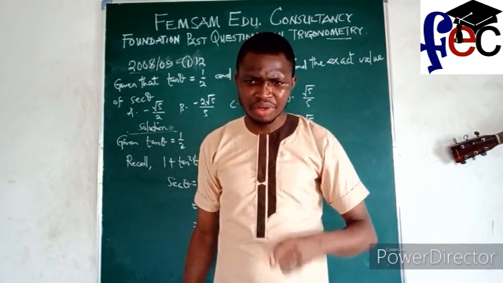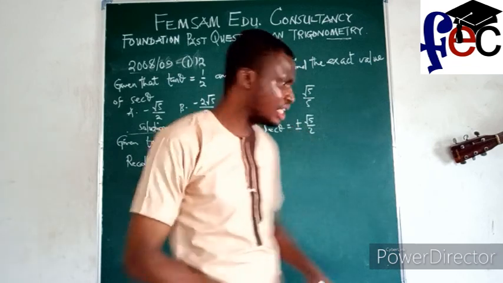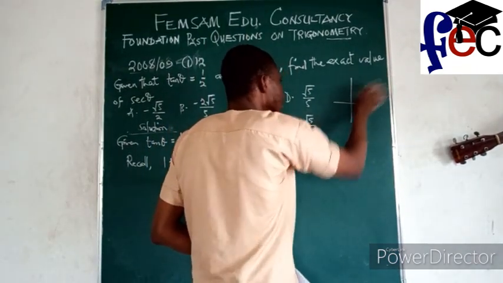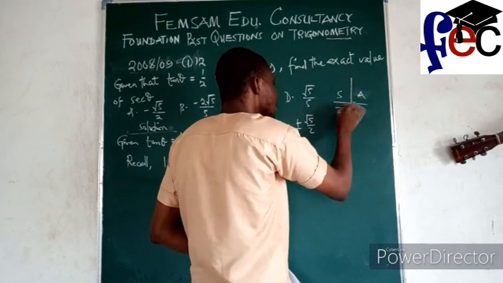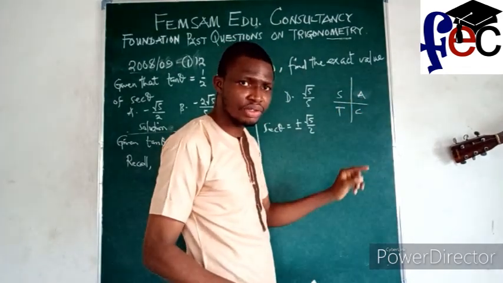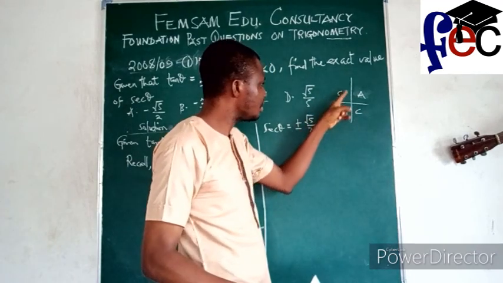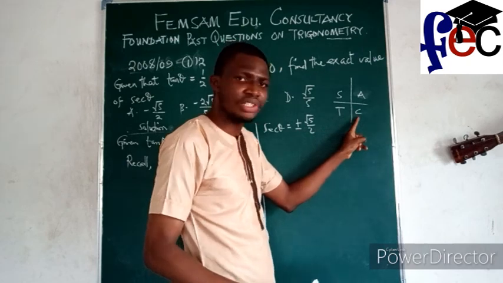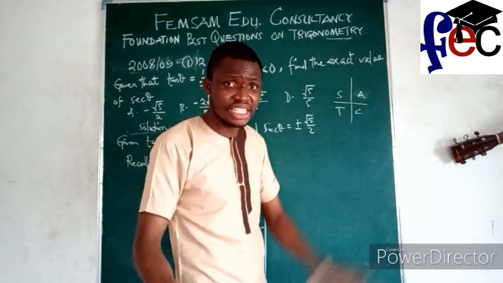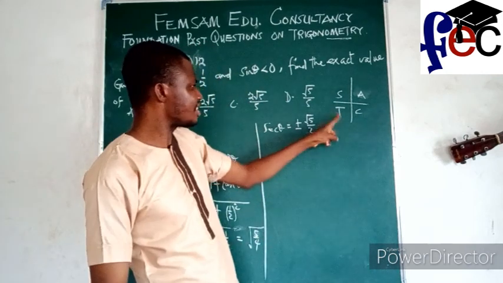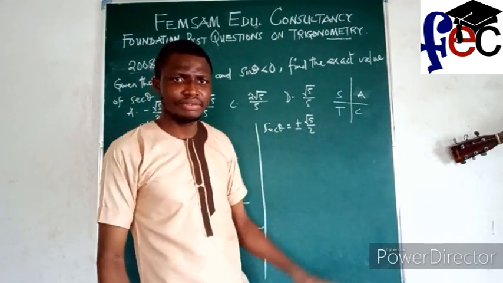So in which quadrants is sine of an angle negative? Just remember your CAST. A, S, T, C. All students take coffee. Okay? So sine is only positive in the second quadrant. In the third and fourth quadrant, sine is negative. That shows that theta is either inside this quadrant or this quadrant.